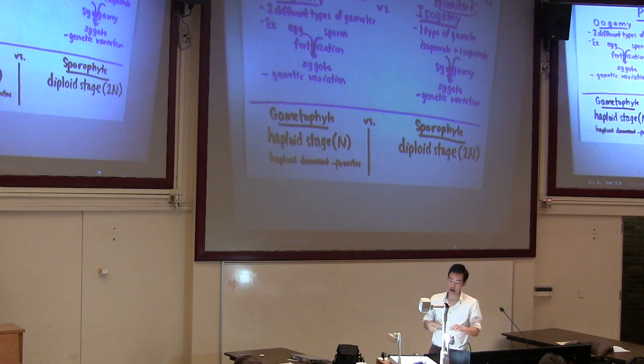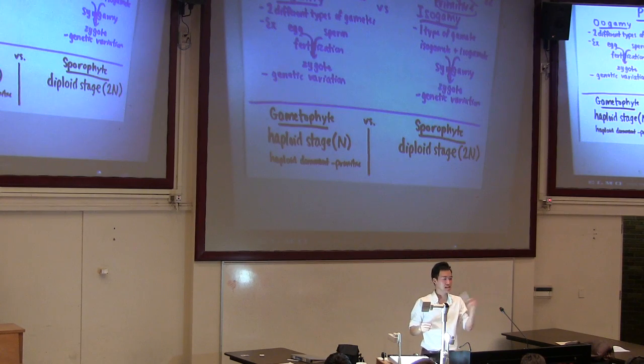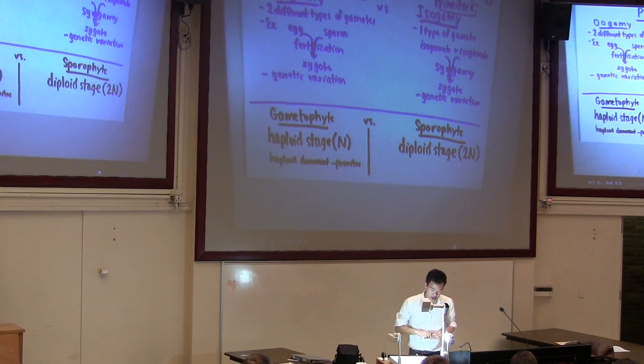So being haploid dominant is the primitive version. Before we start, can anyone tell me one of the groups that is haploid dominant? Mosses, right? Mosses are haploid dominant. Okay? And then from ferns on, ferns, gymnosperms, and angiosperms, everything else is diploid dominant, right? And that's the more advanced stage.